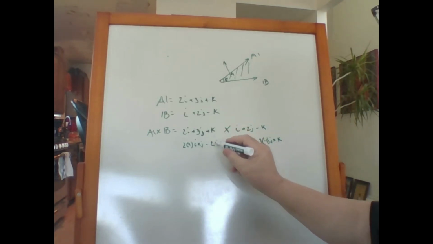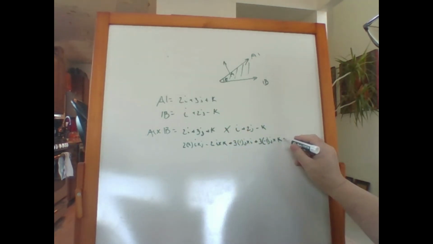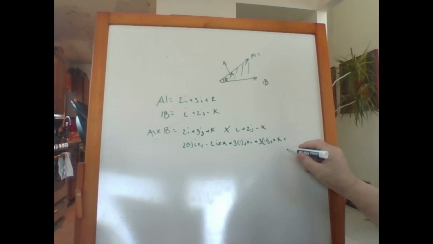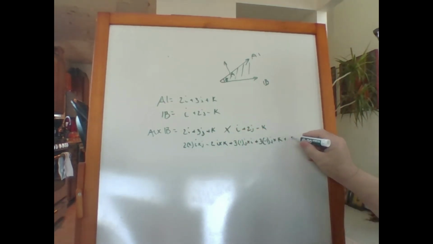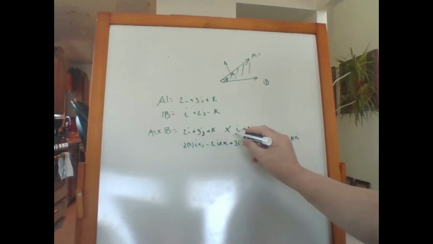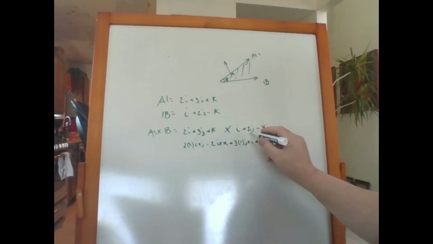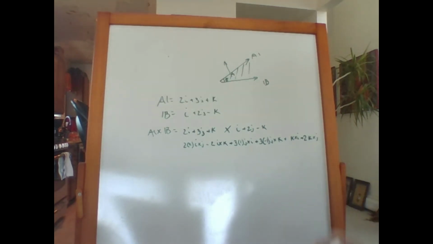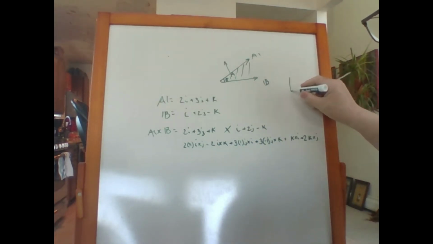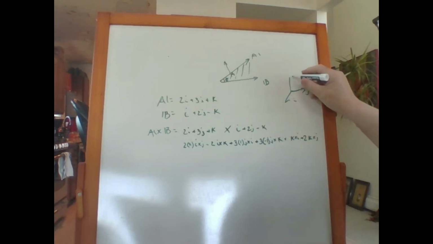And finally, we do the k's. Plus, all right, 1 times 1, k cross k, k cross i, and we have 2 times 1, k cross j, so plus 2, k cross j. All right, and again, we draw our little i, j, k.